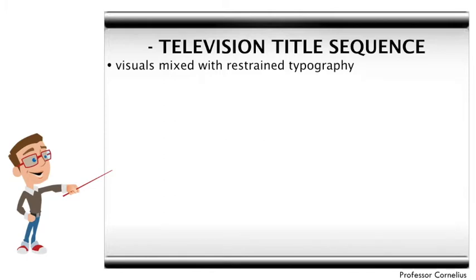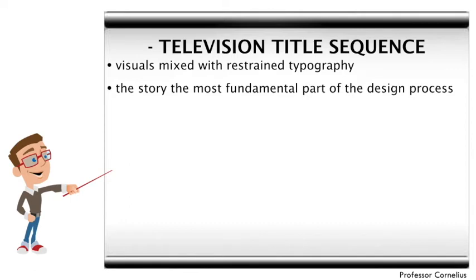In an interview for The Art of the Title, creative director Patrick Clair described the importance of the story in the design process. He said, "The story is always the most fundamental part of our design process." Let us watch the True Detective's title sequence.